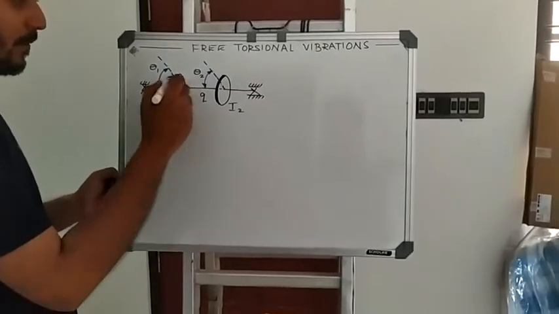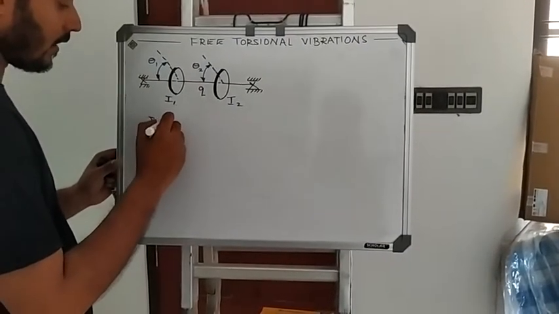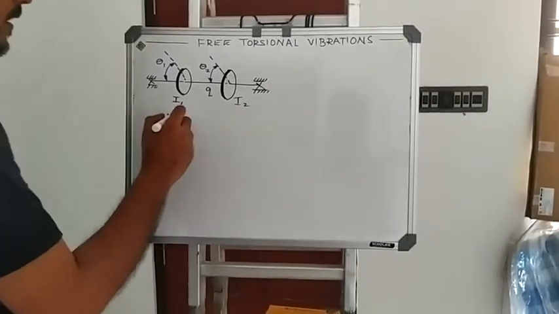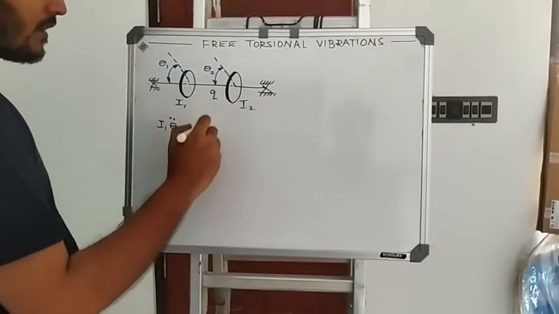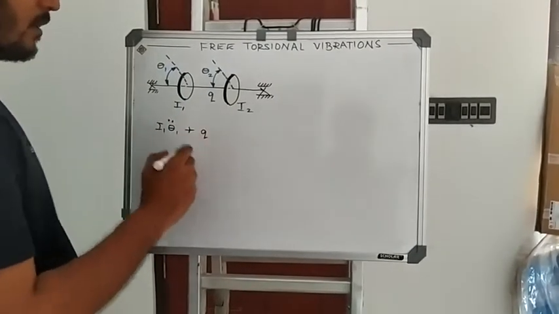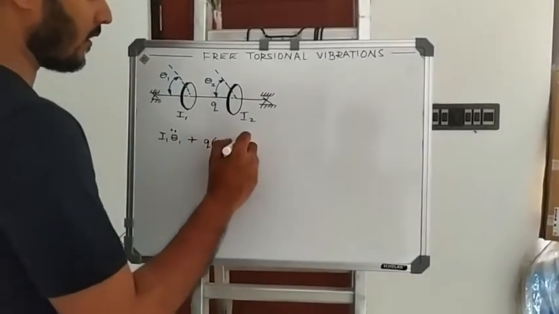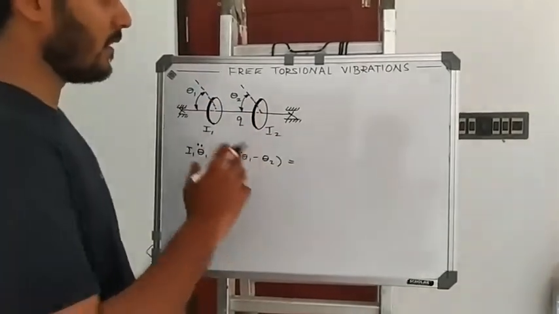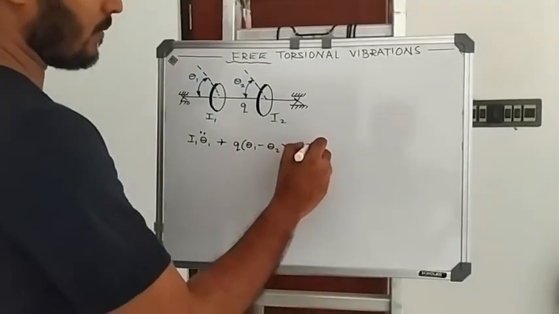First one, it will be having inertia torque, so it can be written as I1 theta 1 double dot, plus, now you have the shaft, and shaft is having a torsional stiffness, so it will be q into, it is connected to both the discs, so we have to write theta 1 minus theta 2 should be equal to, as there is no external excitation, as this is free vibration case, equal to 0.